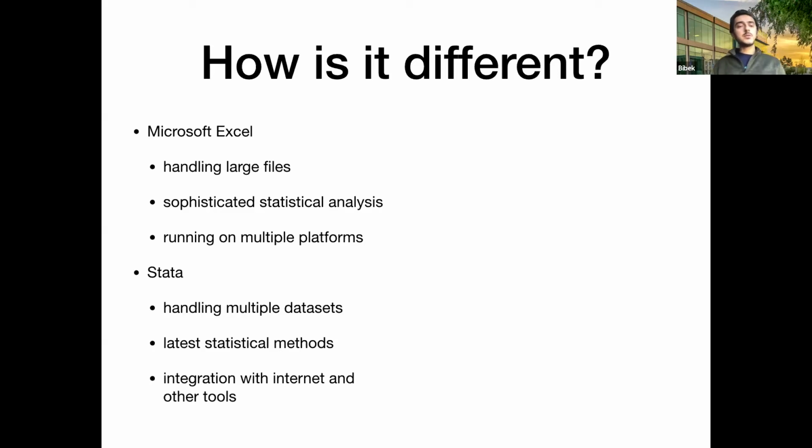And when it comes to sophisticated, state-of-the-art, leading edge statistical analysis, that's where R shines. So if you need to work with big files, the latest statistical analysis techniques, and different platforms, you should switch to R. But otherwise, if your data sets are small and it is run-of-the-mill, simpler analysis, Excel is perfectly fine.